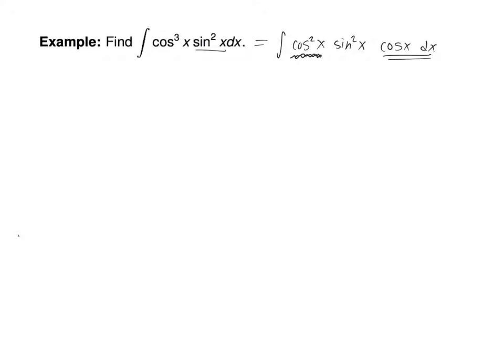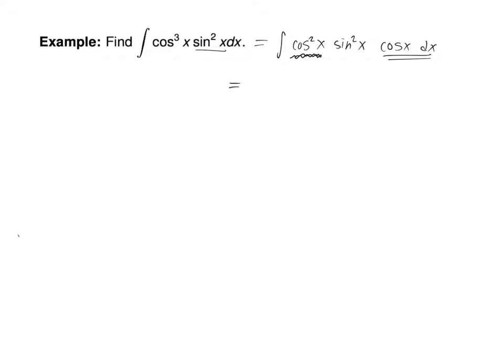Yep. So the good rule of thumb is that whichever has an odd power is the one that you're going to pull one off of and save and then change the rest. That is a good rule of thumb for sine and cosine. It's different for tangent. And if both powers were odd, you could actually do it either way. There's an example where we'll do one problem both ways to show you that it is possible.